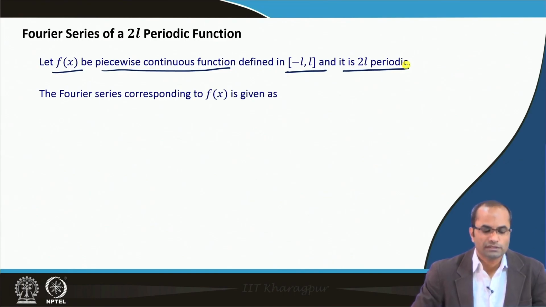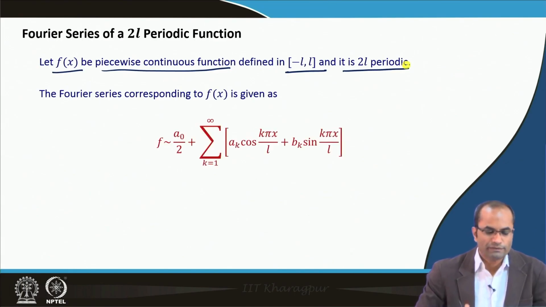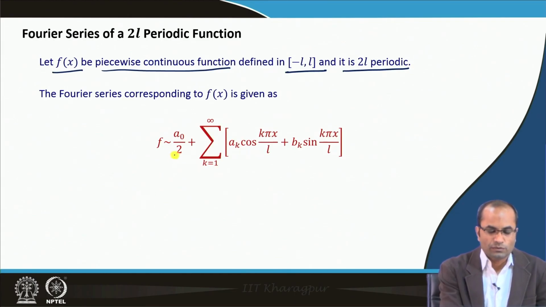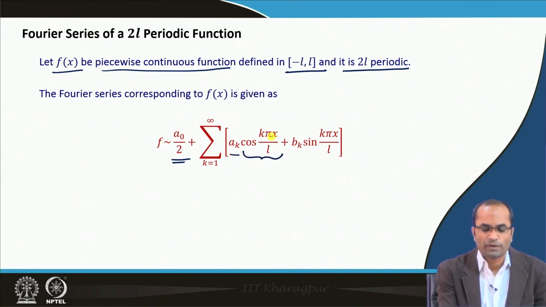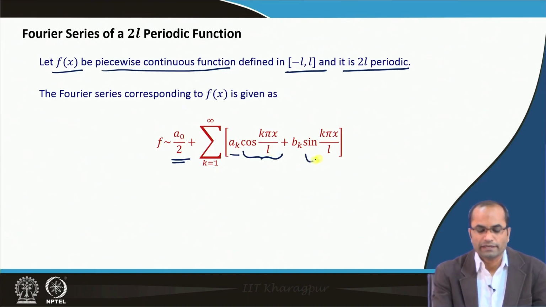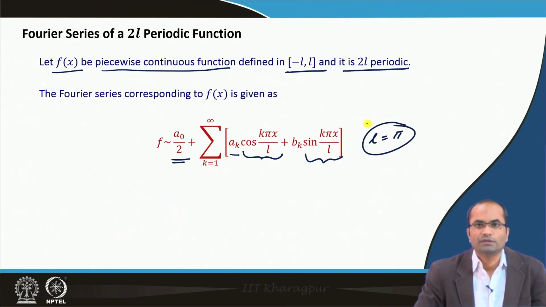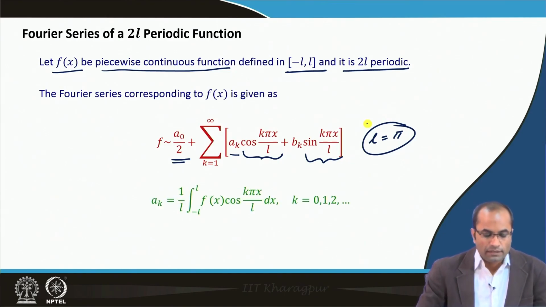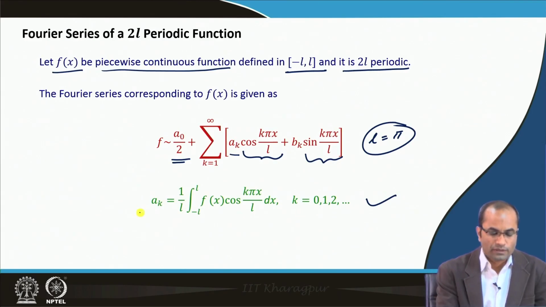Then its Fourier series will be given as a0 by 2, a constant term, and then we have this a_k, and instead of cos kx now we have cos k pi x over L, and here sin k pi x over L. So, for L equal to pi, this will reduce exactly to the 2 pi periodic case which we have already discussed, and the coefficients are also similar now.